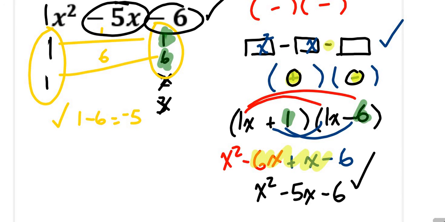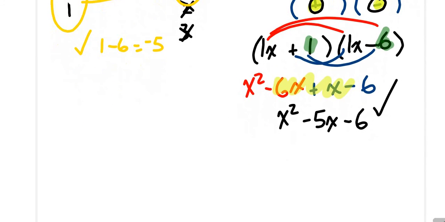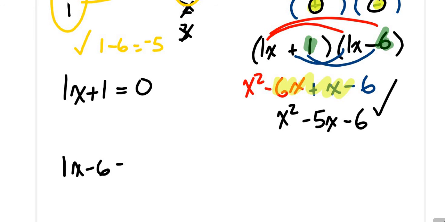You're not done, because it did not say simply factor. It said find the zeros. So finding the zeros means you're going to do this. The zeros of the graph are 1x plus 1 equals 0, and 1x minus 6 equals 0.